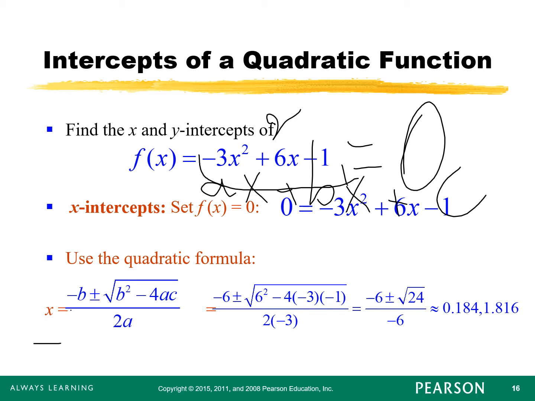So here, if we want to calculate the roots of this function, we have to take minus b, which is minus 6, plus or minus the square root of b power 2, which is 6 power 2, minus 4 multiplied by a, which is minus 3, multiplied by c, which is minus 1, divided by 2a, which is 2 multiplied by minus 3.